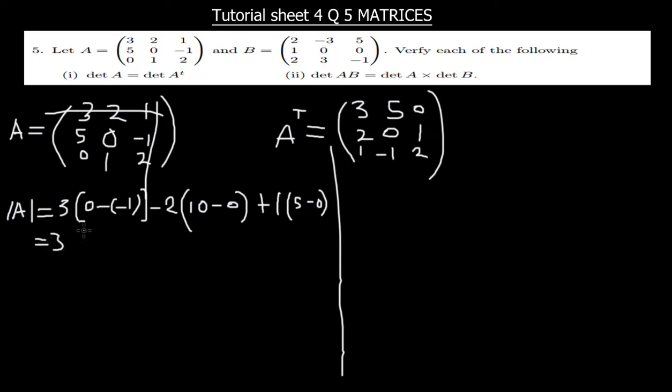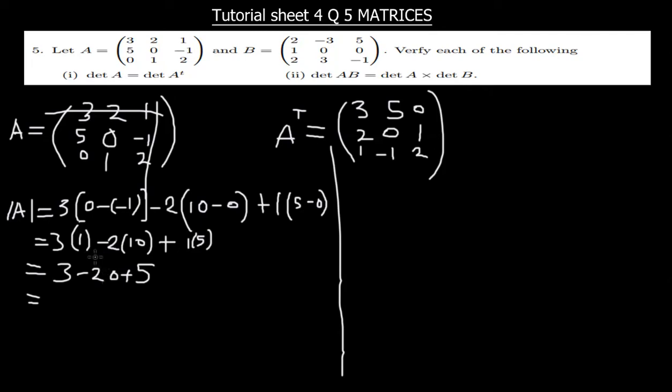And then we simplify now. So 3 open brackets, negative times negative is positive, so 0 plus 1 you get your 1 there, and then negative 2 you write it there, then 10 minus 0 you get your 10, like that, then plus 1 times 5 minus 0 you get your 5, then open brackets, 3 times 1 you get your 3, negative 2 times 10 you get your negative 20, and then 5 times 1 you get your 5.